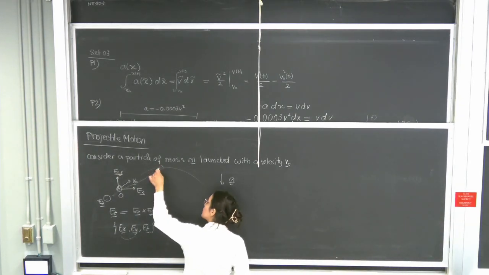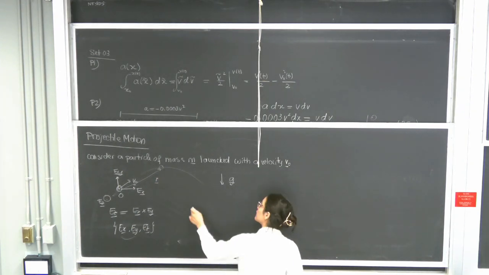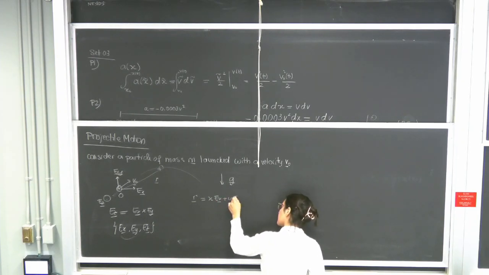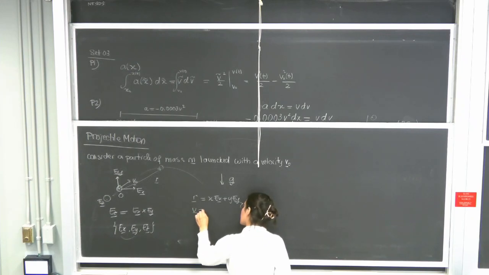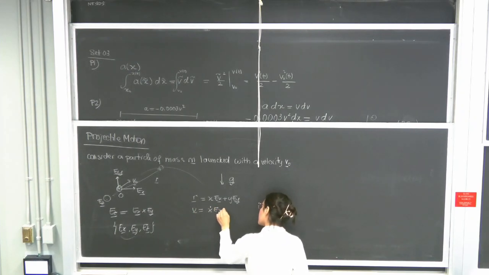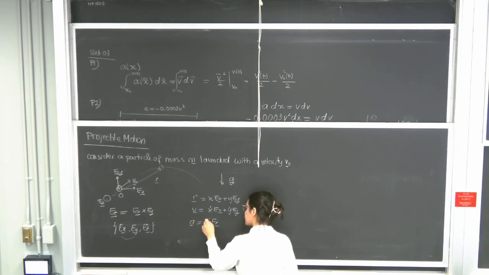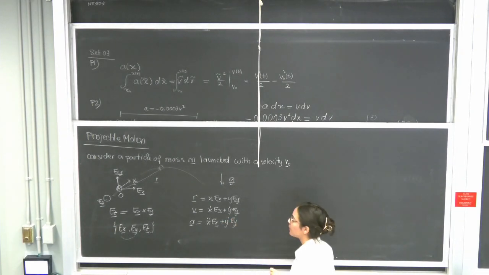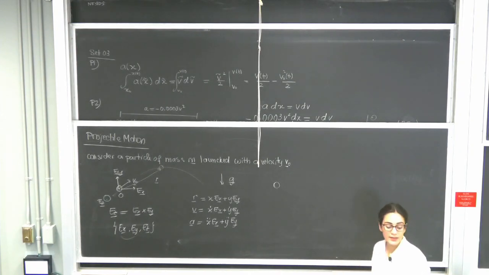In general, I can write R equal to x Ex plus y Ey, and then V as x dot Ex plus y dot Ey, A as x double dot Ex plus y double dot Ey. That is step 1.